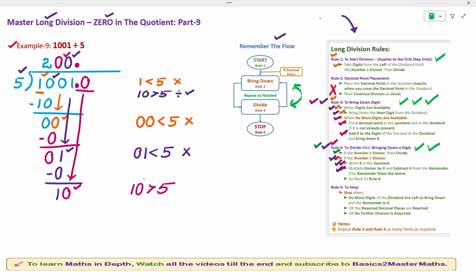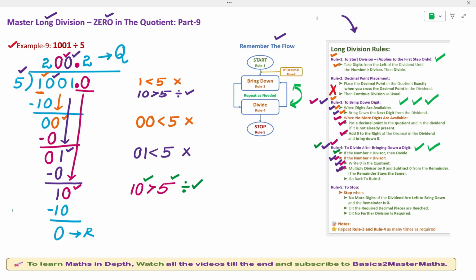If the number is greater than or equal to the divisor, then divide. 5 twos are 10, so you will get 0 as the remainder and 200.2 as the quotient.